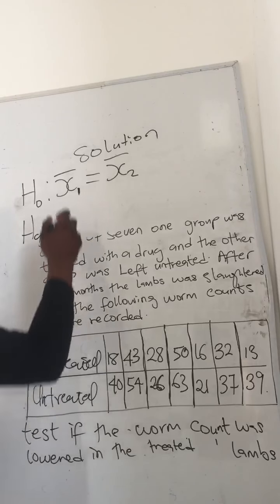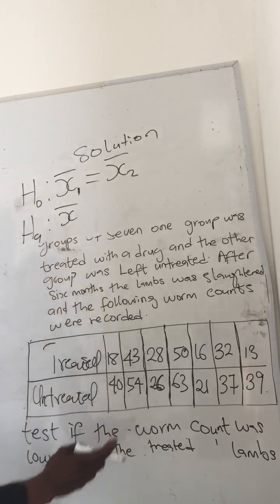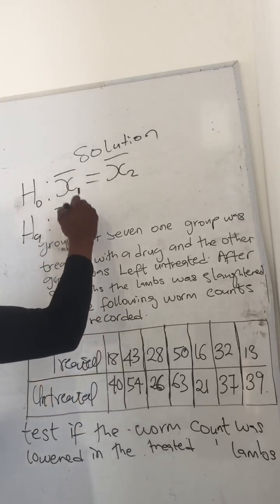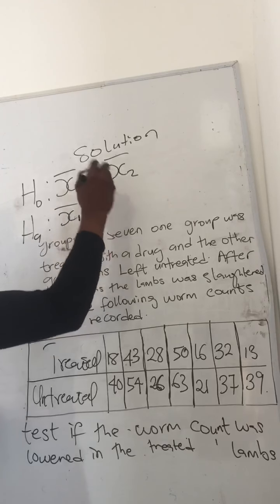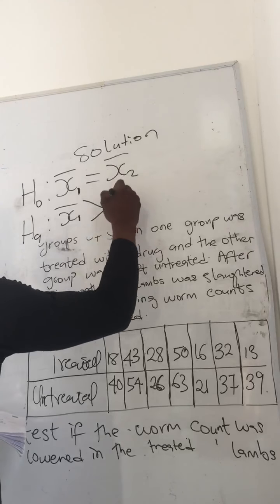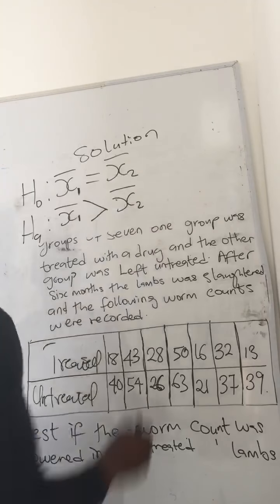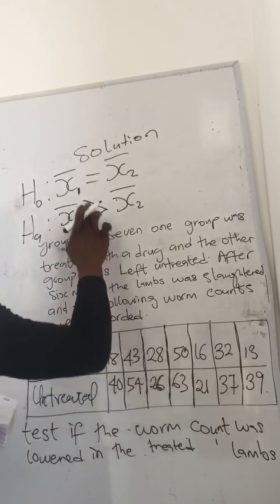And the next thing we do is to set our alternate hypothesis. Remember we said the alternate hypothesis depends on the claim. And the claim here is that the worm count was lowered in the treated. That means the untreated worm count will be greater than the treated. Which one did we use for the treated?